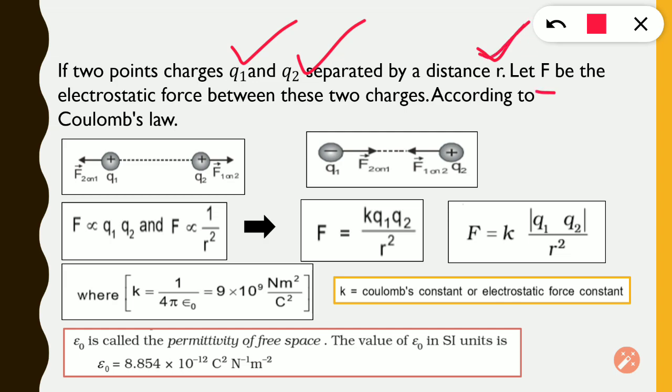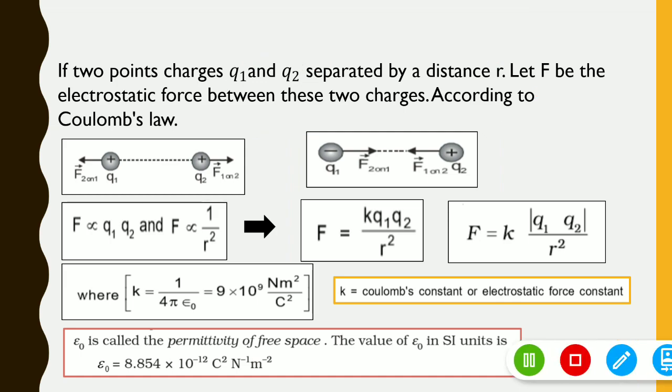Let F be the electrostatic force acting between these two charges. The symbols used are q1, q2, r and F.